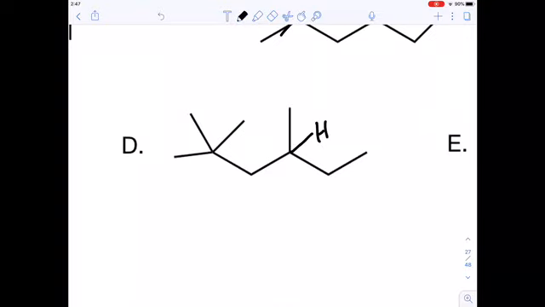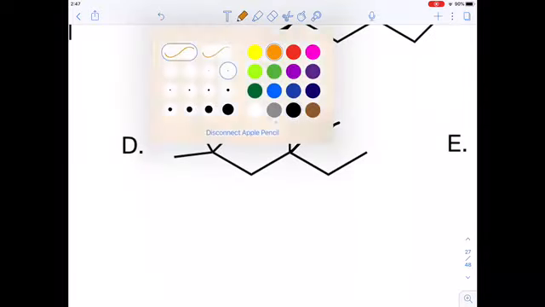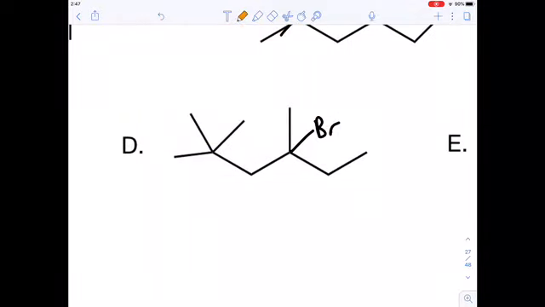Alrighty, looking at D, we see we only have one tertiary hydrogen, which means that we're only going to get one spot the Br can add. Now we have to make sure that after we add the Br, it's going to be a chiral center. So let's erase, add the Br, and see if these are four unique groups.